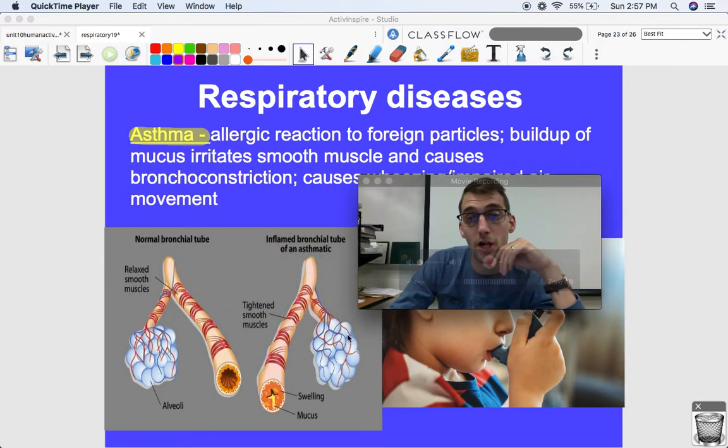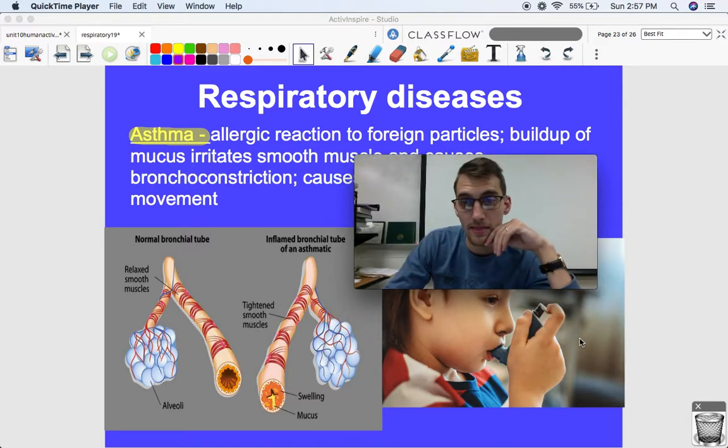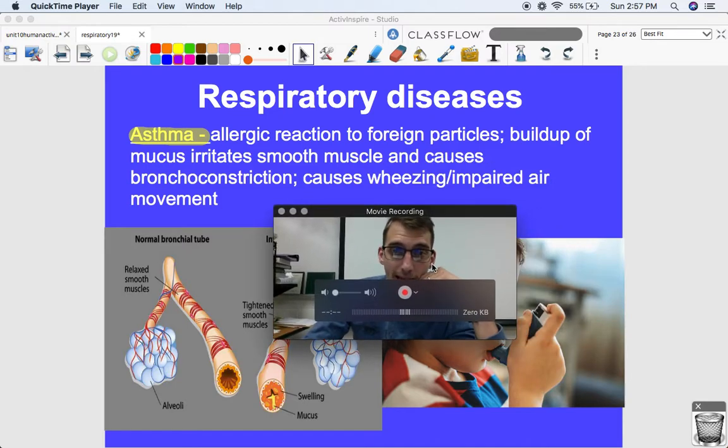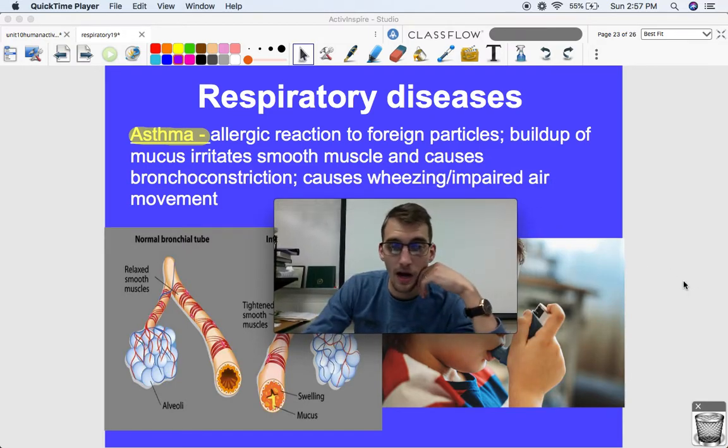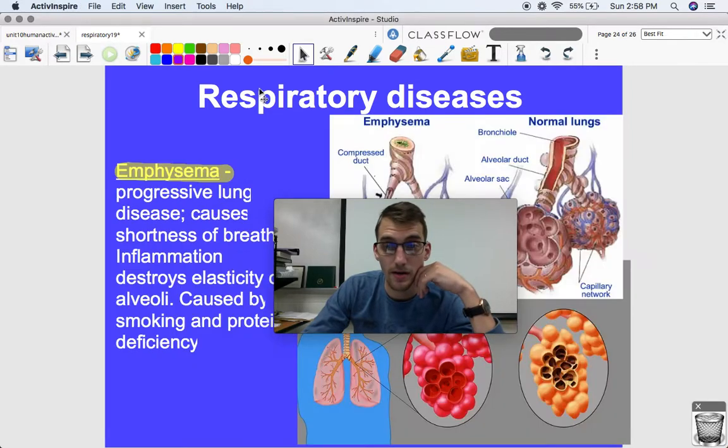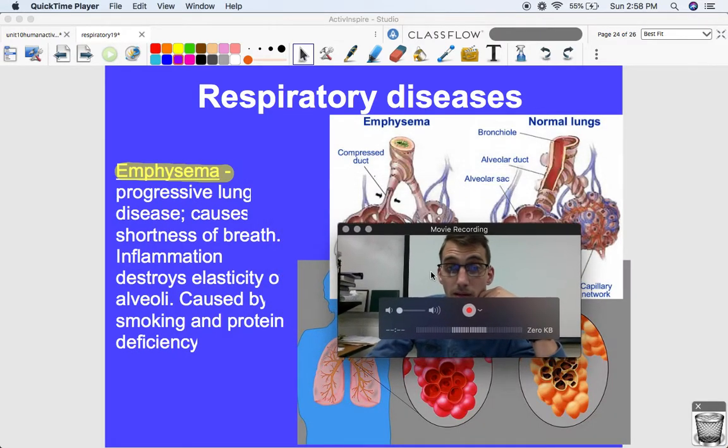So this is an allergic response to something, and that's caused by basically your own immune system, and you can counteract that with an antihistamine, okay? So yeah, people with asthma need to be very, very careful and carry their inhaler in the event that that happens.